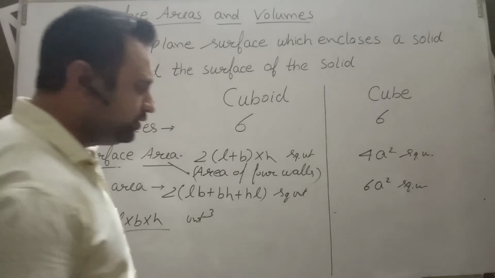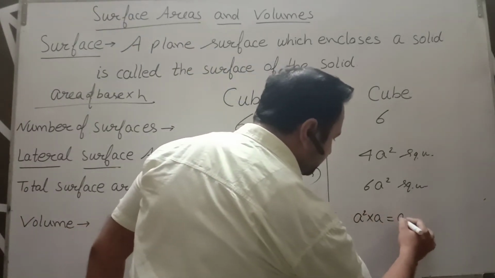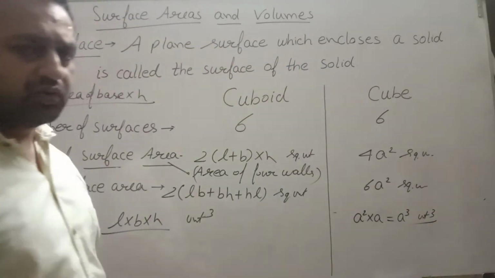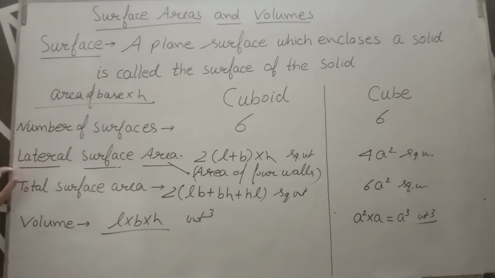Similarly in a cube, area of base a square into height, it means a cube, unit to the power 3. So these are the formulas of cuboid and cube for lateral surface area, total surface area and volume.